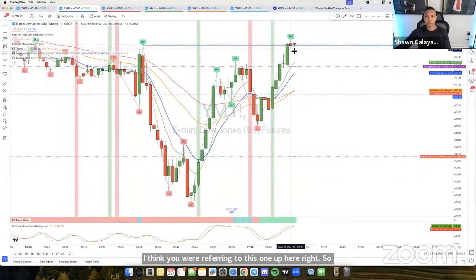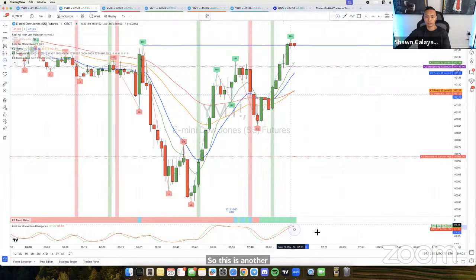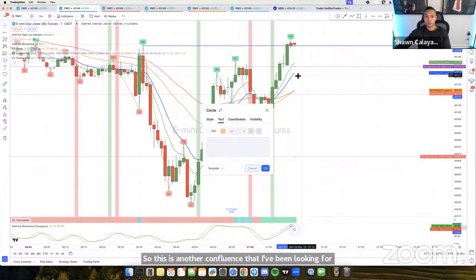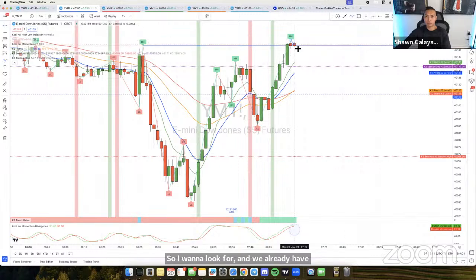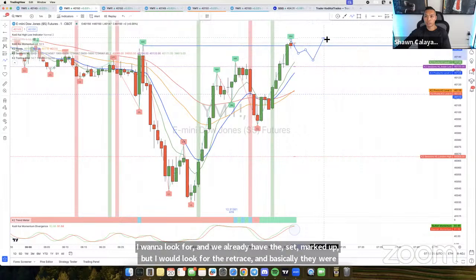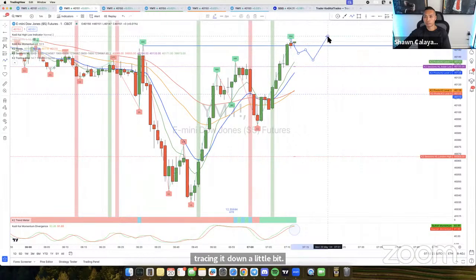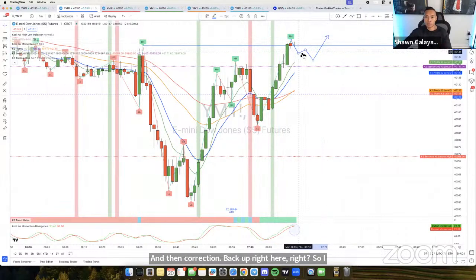So this is another confluence that I'd be looking for. You guys can see how the momentum divergence here is shifting. We already have the high-low scalp marked up, but I would look for the retracement down a little bit, and then correction back up right here, right? I wouldn't take the high-low scalp by itself, but I'd look for the retracement to pull back a little bit.